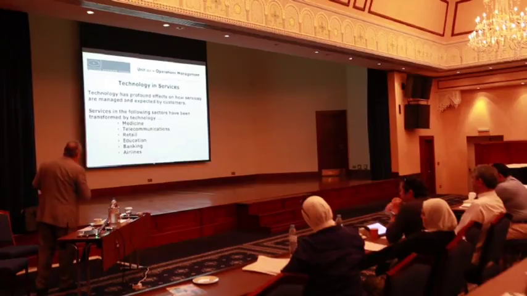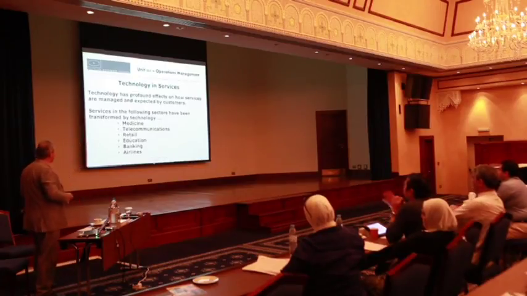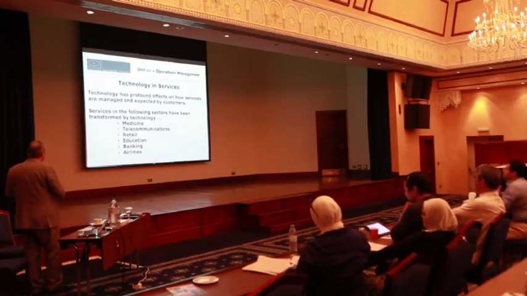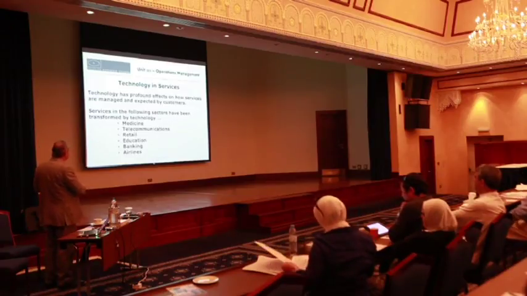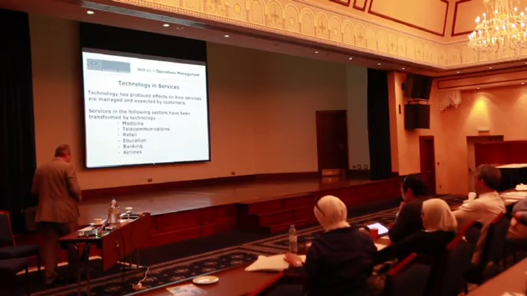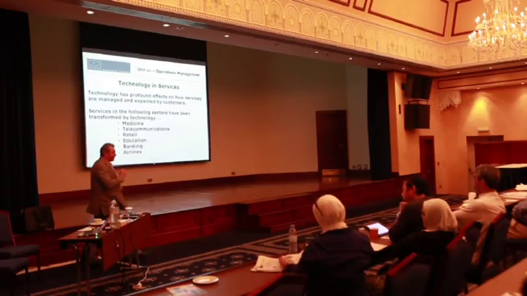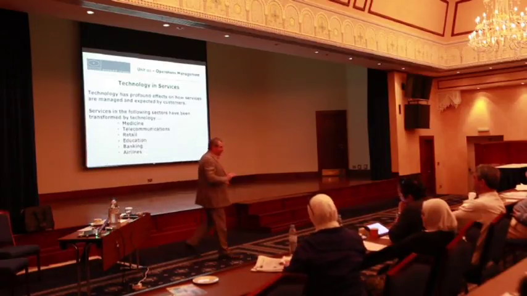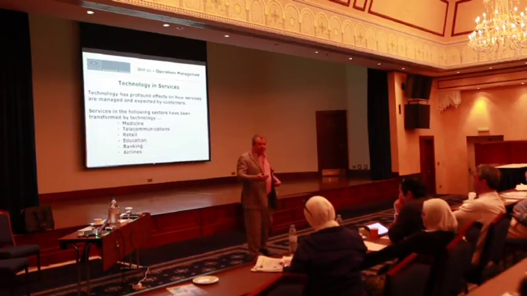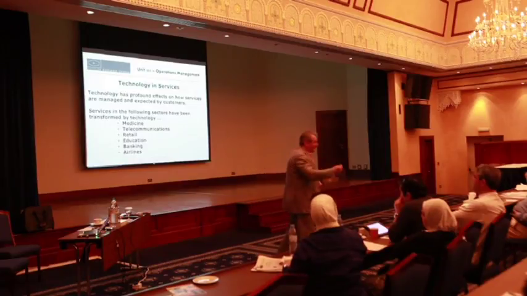So technology has profound effects on how services are managed and expected by customers. Services in the following sectors have been transformed by technology. In medicine, there are so many things that we do these days, from robotics.